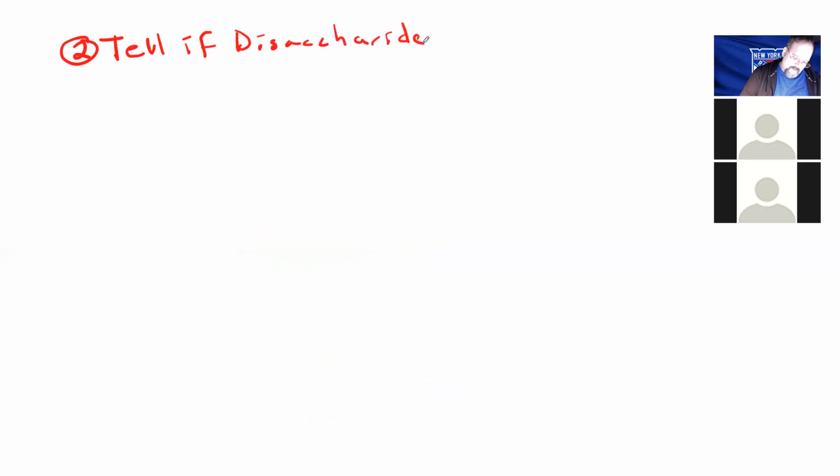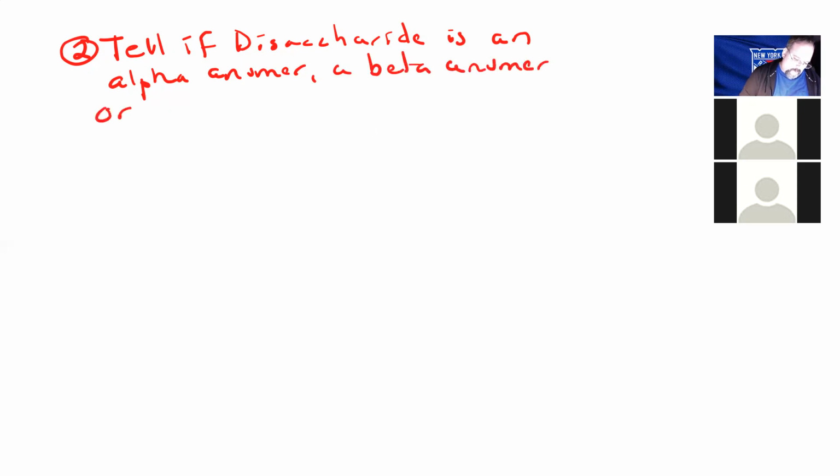Okay. Second, tell if the disaccharide is an alpha anomer, a beta anomer, or neither one.